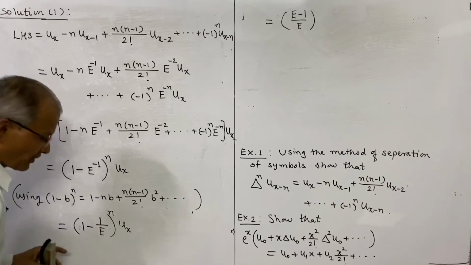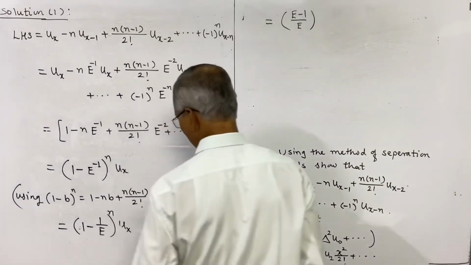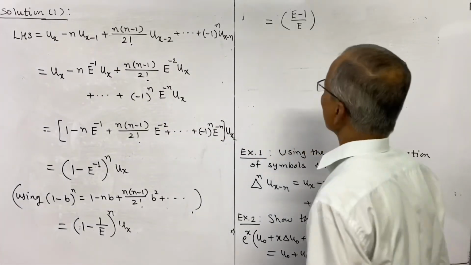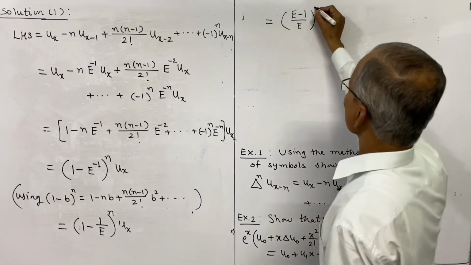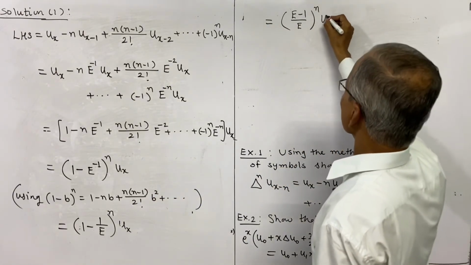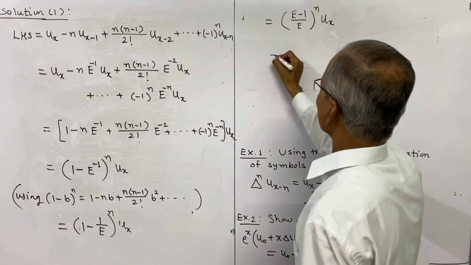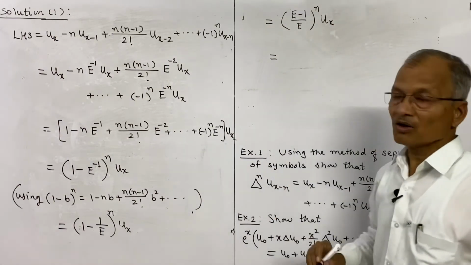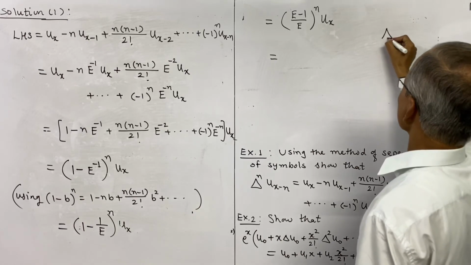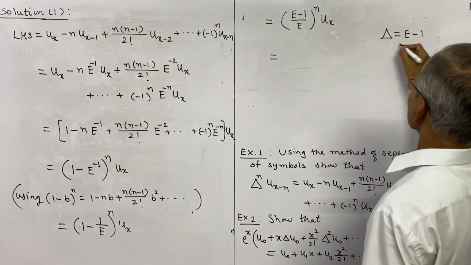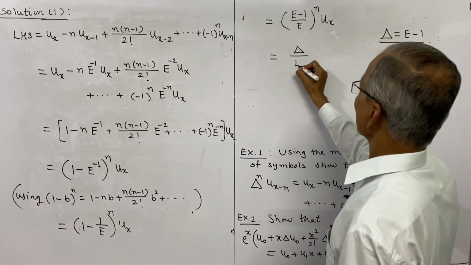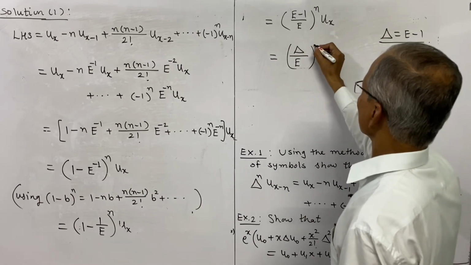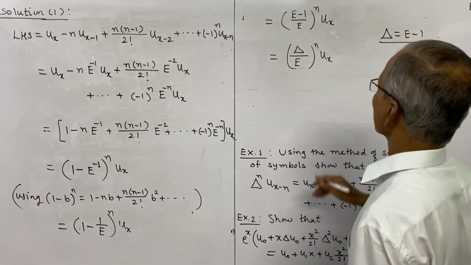This must be 1 minus 1 by e raised to the power n, and that is e minus 1 divided by e raised to the power n over ux. And what is e minus 1? We have seen that delta is equal to e minus 1. So this is the value of delta divided by e to the power n of ux.